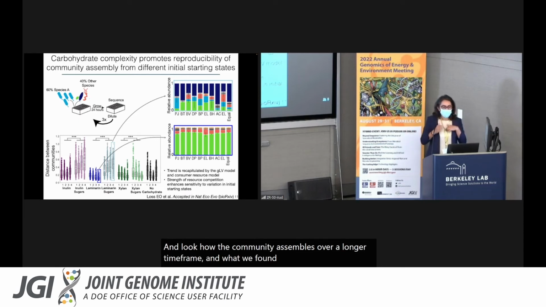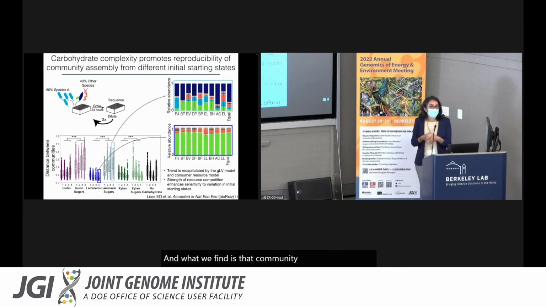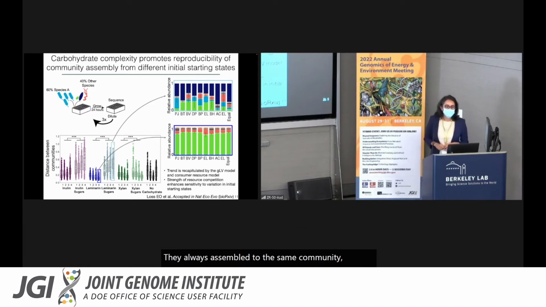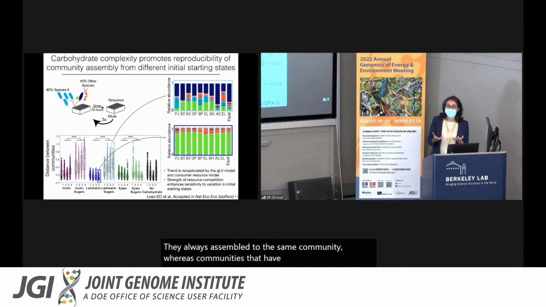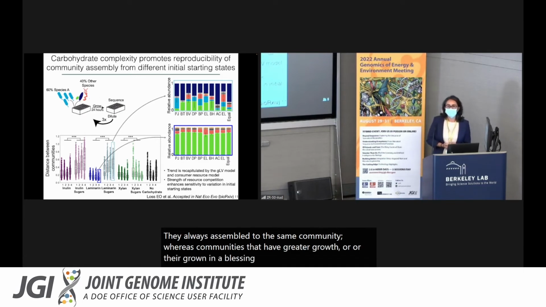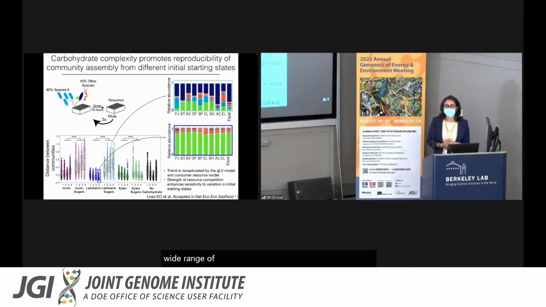And what we find is that communities grown in complex carbohydrates tend to assemble extremely reproducibly, like they always assemble to the same community. Whereas communities that have greater growth, or are grown in less complex carbohydrates or higher concentrations of carbohydrates, we see a wide range of variation in the assembly of the community.